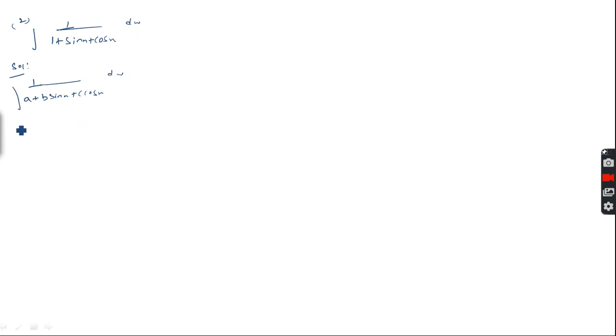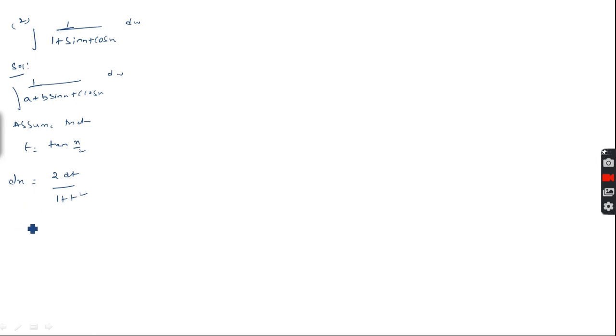So let us assume that t equal to tan x by 2, and dx can be written as 2 into dt by 1 plus t square.